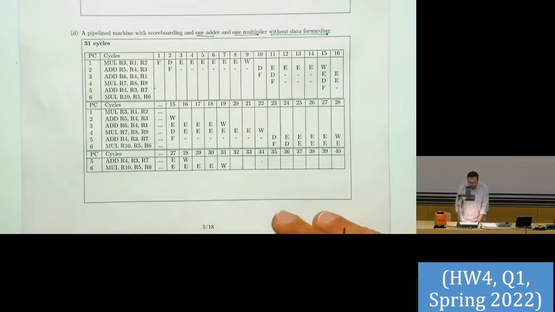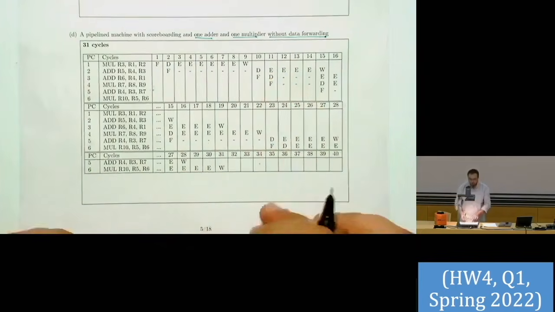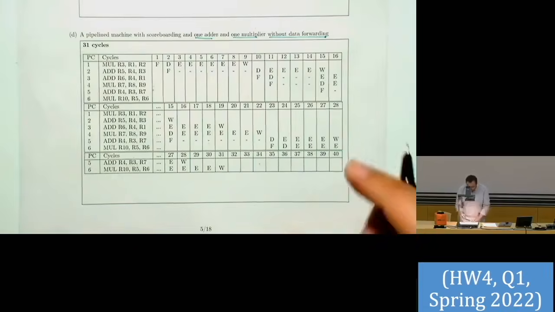We assume that once we start using an adder for an instruction, we cannot pipeline inside this adder. We just give the inputs to the adder, and we get the output at the end of the 4th cycle, or in the multiplier case, at the end of the 6th cycle.